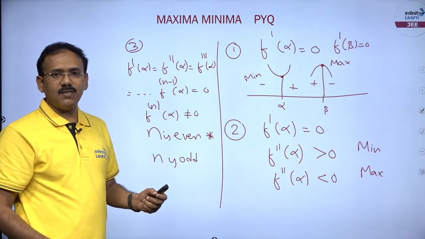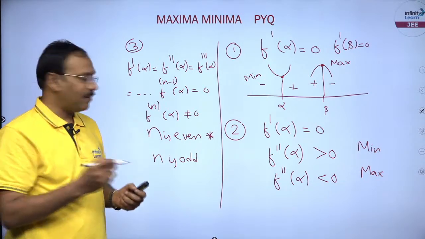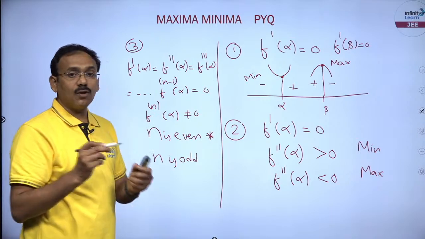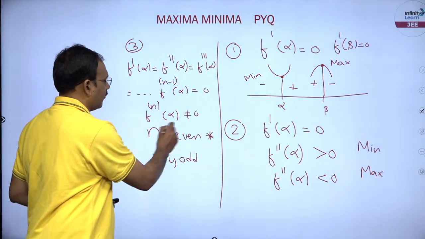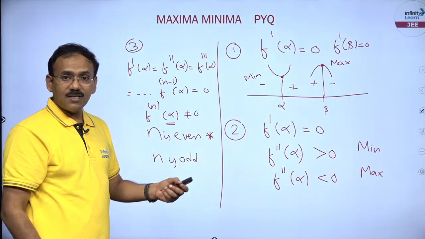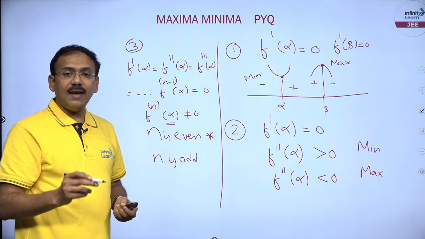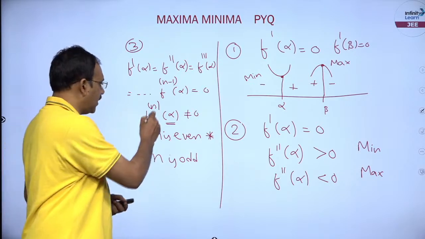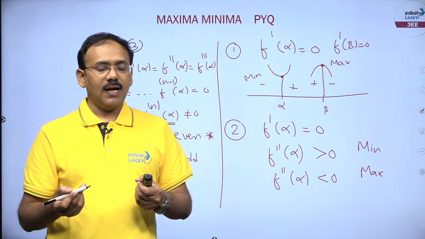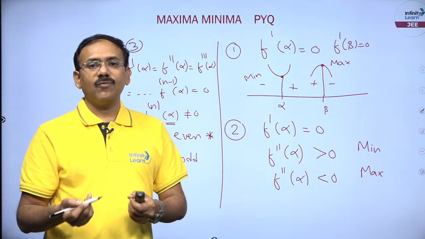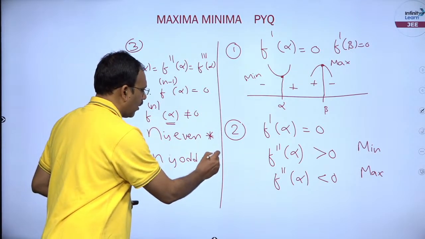If n is even, the graph is going to have a local maxima or local minima at alpha. It depends on the negative or positive nature. Whereas, if n is odd, you just treat it like 1. First derivative positive means increasing nature, first derivative negative means decreasing nature. Accordingly, you can comment here.